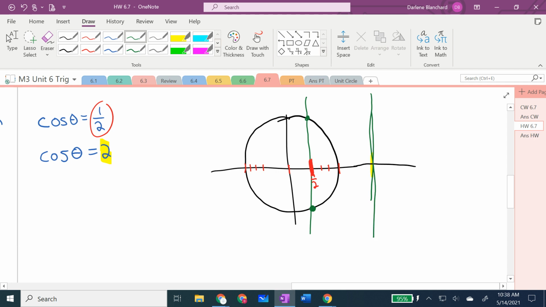And you should see that if my answer to cosine is 2, it doesn't intersect the unit circle. There is no solution. This one will provide no additional solutions.